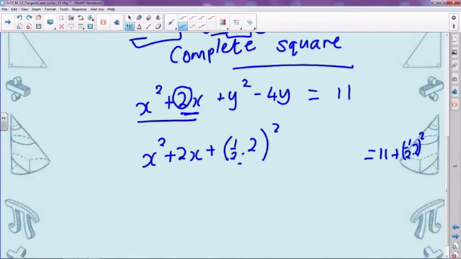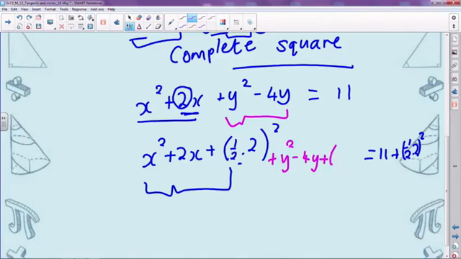So basically what I'm doing, guys, is I'm using this little section here. I'm completing the square for the x part of the equation, and then I need to do the same thing for the y part of the equation. So we complete the square with that. All right? Okay. So we say, well, bring down y squared minus 4y. And then we add a half of the coefficient of the b term.